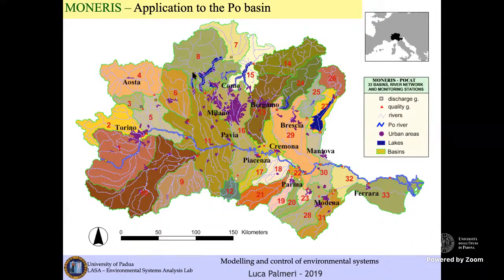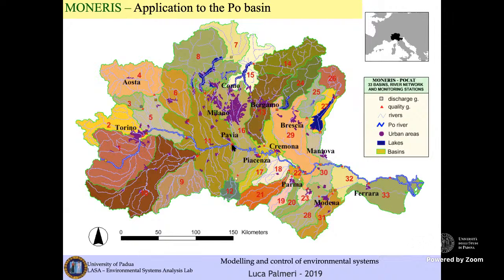For example, of each one of these subbasins, we shall identify a basin closure. For example, for this subbasin 11, the basin closure is identified here in Pavia, this red gauge station.